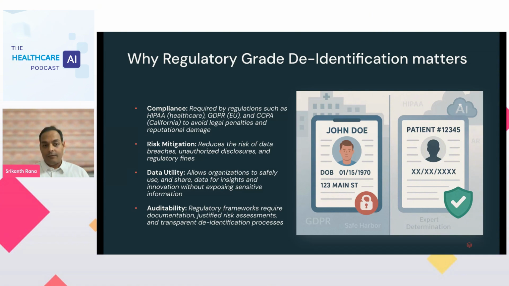Data de-identification also acts as a data utility. It helps organizations use and share data for insights and innovation without exposing sensitive information. And finally, regulatory frameworks require documentation, justified risk assessments, and transparent de-identification processes for auditing purposes.